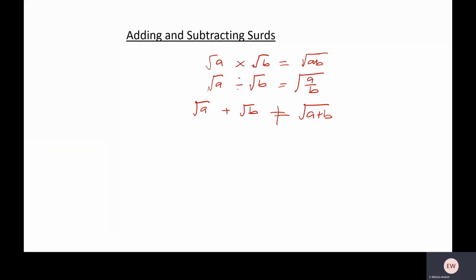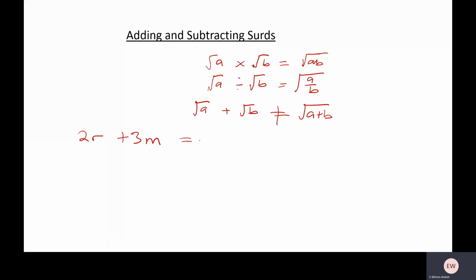Let's take, for example, you have 2 oranges plus 3 mangoes. Now I'm using O for orange, M for mangoes. So I will write this as 2 oranges plus 3 mangoes. If I want to put these two fruits together, I cannot say I have 5 orange-mangoes. This is not done because the fruits are not the same.